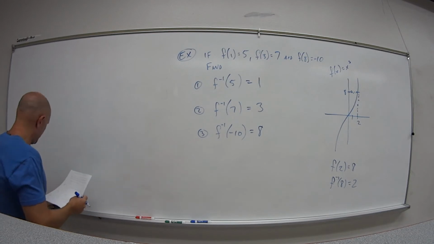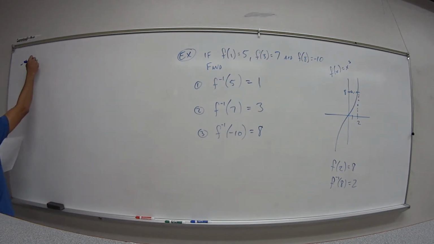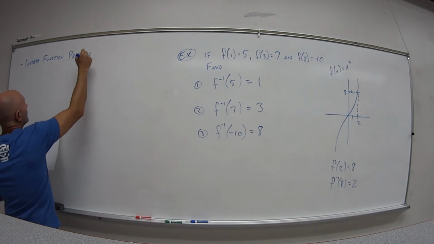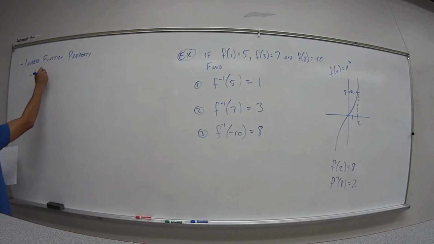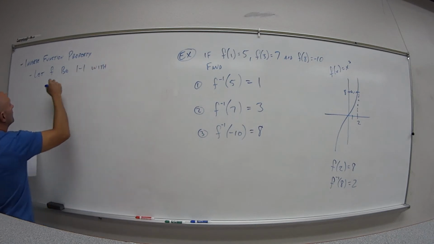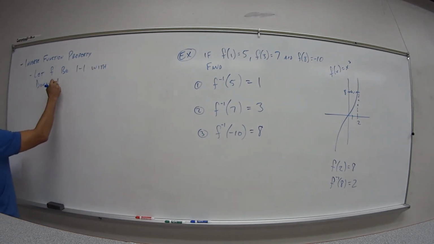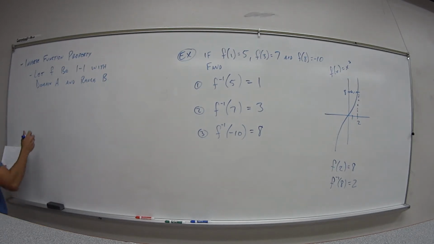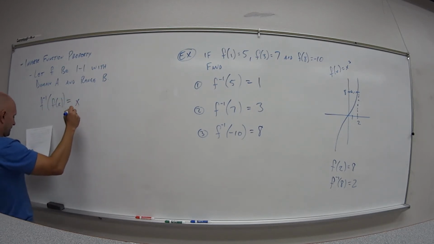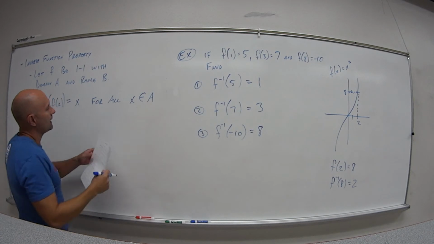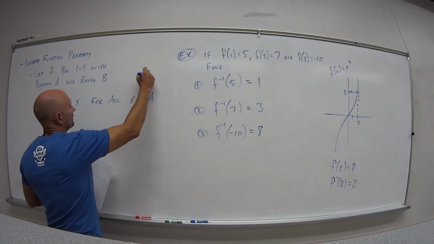We have an inverse function property. This says let f be one-to-one with domain A and range B. Then we have f inverse of f of x is equal to x for all x in A. This is mathematical notation for in the set, really.